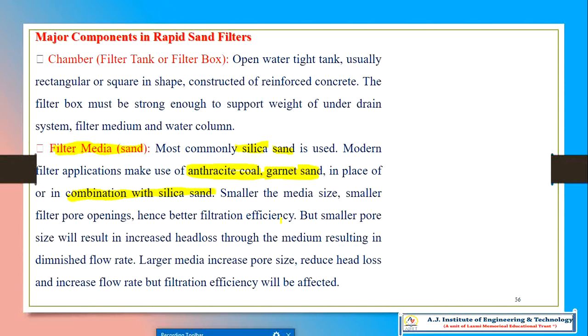We can use a smaller media size. If the media size is smaller, the sand size is smaller, then the filter pore openings will be smaller, hence better filtration efficiency will be there. So we have to keep that in mind.